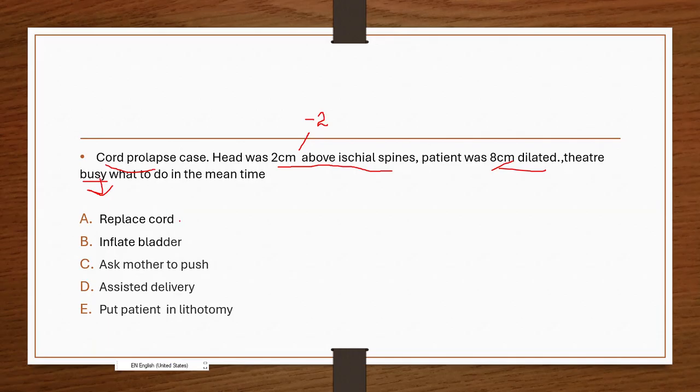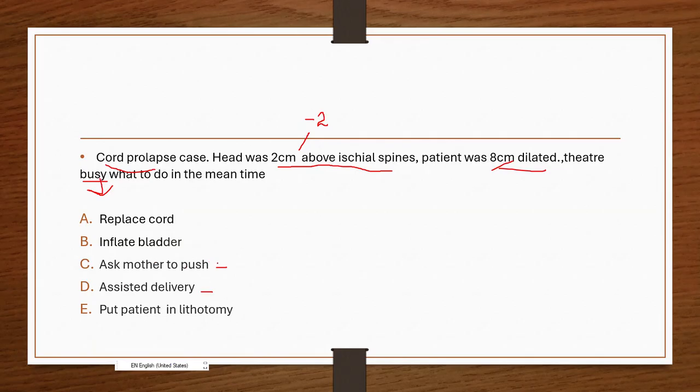So we have replace the cord, inflate the bladder, ask mother to push. Yes, this is an option to deliver. Assisted delivery, this is an option to deliver. Put the patient in lithotomy, let's keep it. Ask the mother to push: we are not going to do that because the cord has already prolapsed.